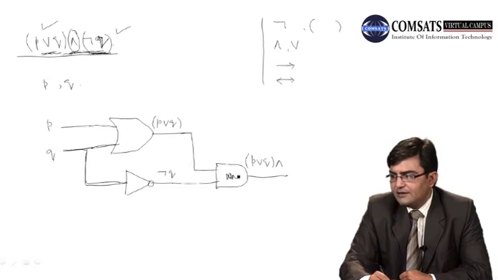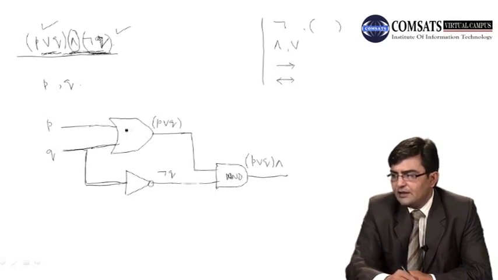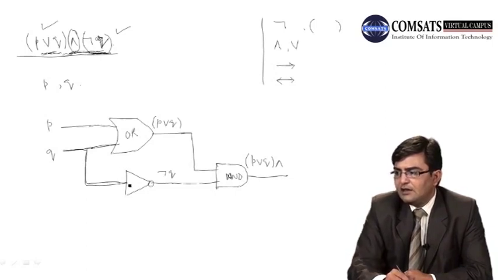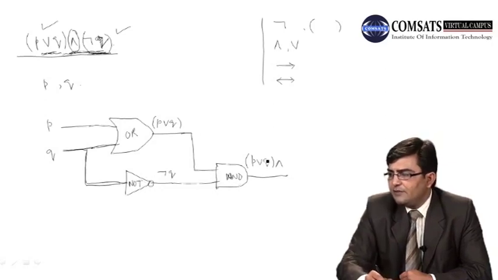We can write AND here, OR here, and NOT here. So here we have P or Q and NOT Q.